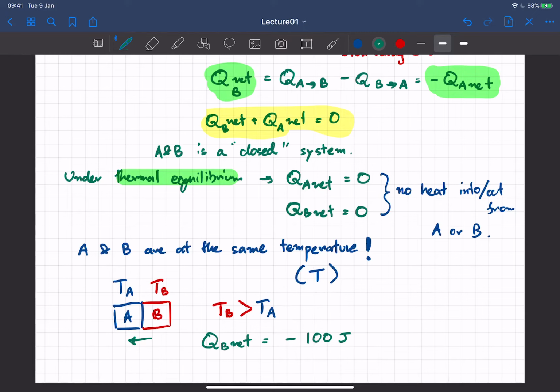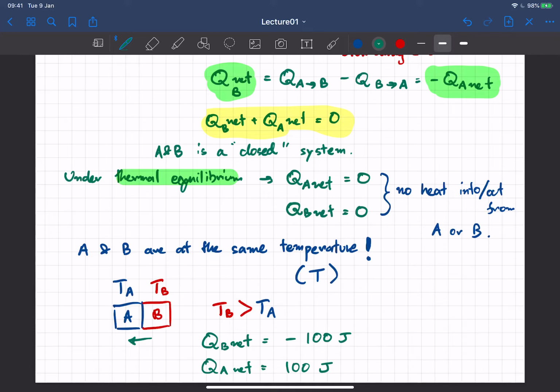Okay, so the minus sign means that the heat flows out from B. And since Q_B and Q_A added together must be equal to 0, Q_A net is obviously 100 joules. Okay, so heat is going to flow from the hot object to the cold object, and hot and cold are the notions that we use to describe the temperature of the object.